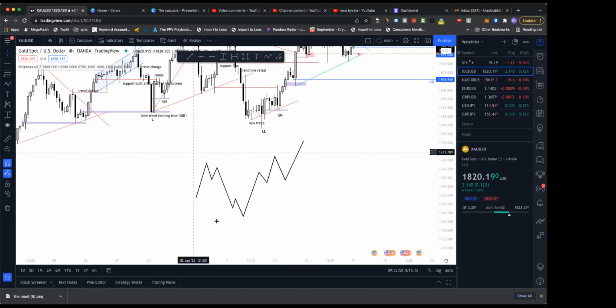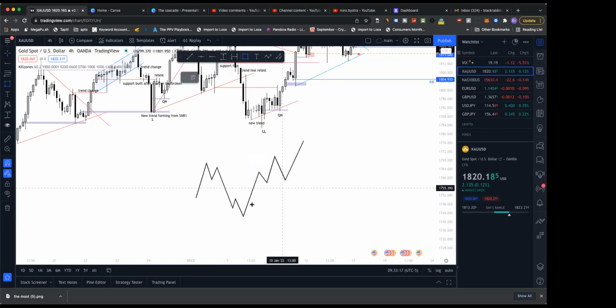Okay, so when we want to identify this, we have to be aware of what's going on. Let's say we're on Tuesday or Wednesday. We understand that during Tuesday or Wednesday, we're most likely going to get a reversal to the upside, that midweek reversal.